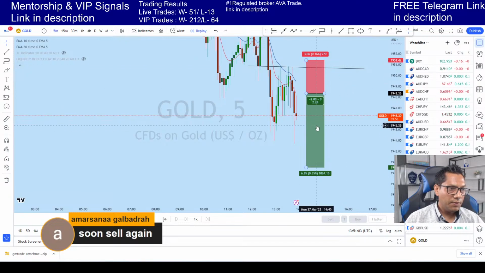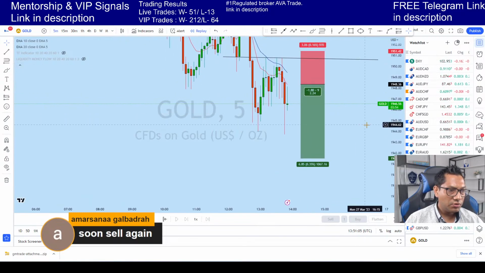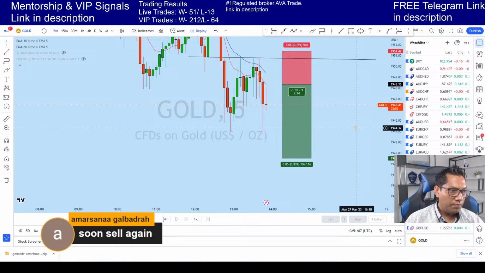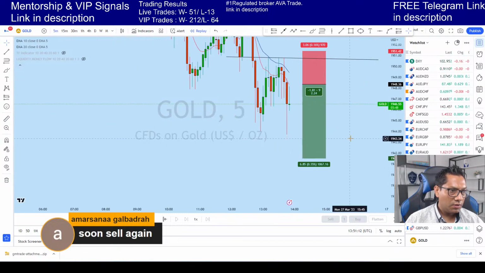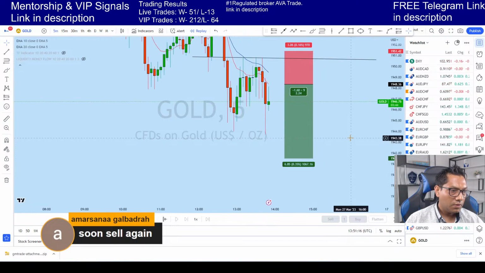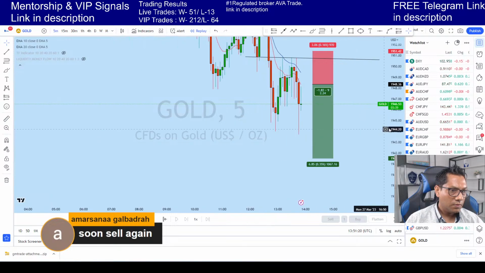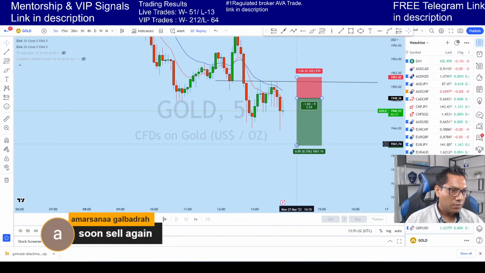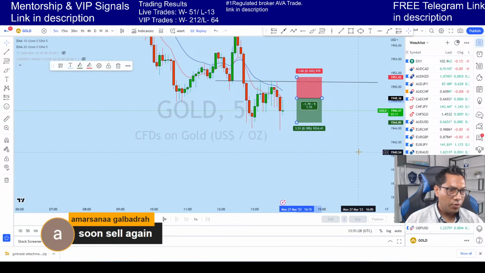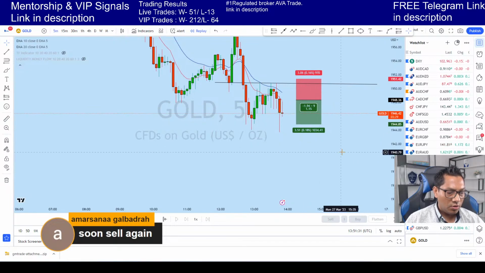Okay guys, so you see, as I mentioned, the price action is still bearish. This one is closing. Do you want to bring the profit target earlier, or do you want to keep the same?